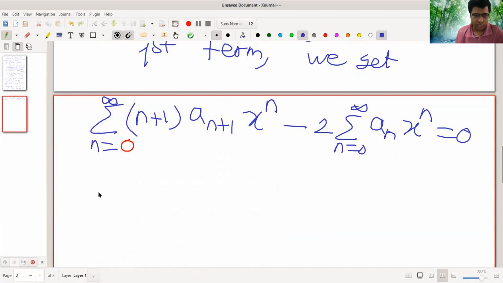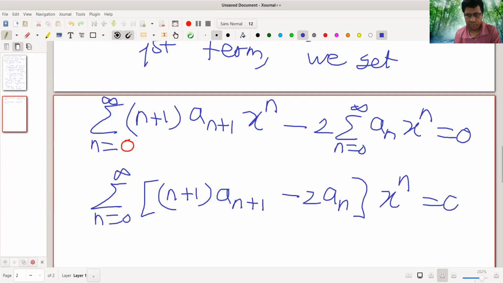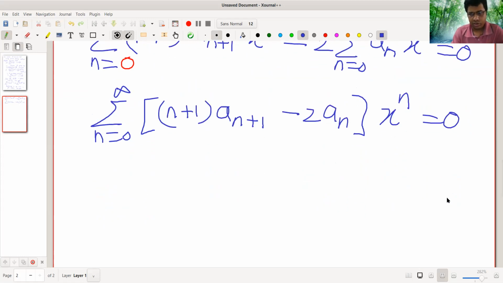Okay, now we write a common summation for both the terms, so it is summation of (n plus 1) a n plus 1 minus 2an, into x raised to n, n is 0 to infinity, equal to 0. Okay, so this is an important relation. Now the right hand side is 0, which can be summation 0 into x raised to n, n equal to 0 to infinity.